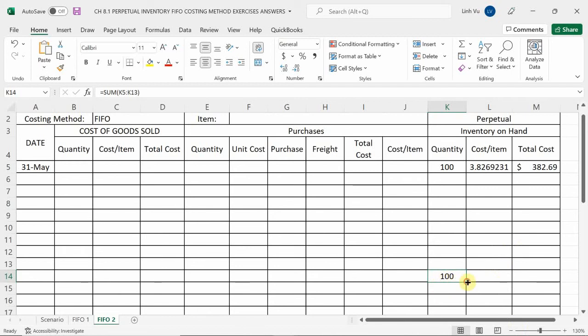Okay, and of course this formula can also be dragged across. Okay, so in this case, it's going to be dragged across, and you have a total of 100 units at $382.69.